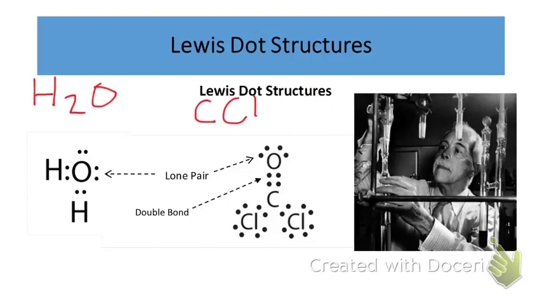So again, we're going to write the Lewis dot structure for this. To do that, we put carbon in the center as our central atom, and then we bond all the other atoms, oxygen and the 2 chlorines, around that central atom, which is very typical of writing a Lewis dot structure, having a central atom and the remaining atoms surrounding it.